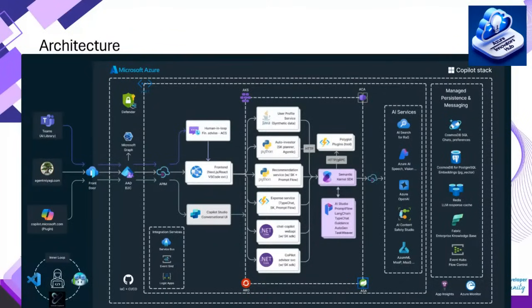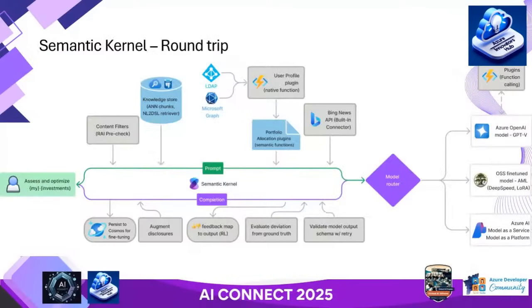So our focus is basically to provide a financial recommendation to a customer. And just to give you a quick overview of the round trip using Semantic Kernel, think of Semantic Kernel as your orchestrator, kind of your load balancer, if you will, to orchestrate all the workflow. We are going to provide the front-end interface where the customer can interact with this application, and they are going to request a financial recommendation.